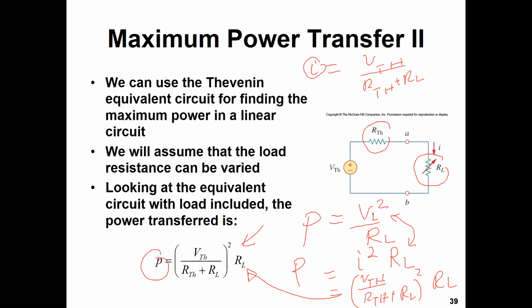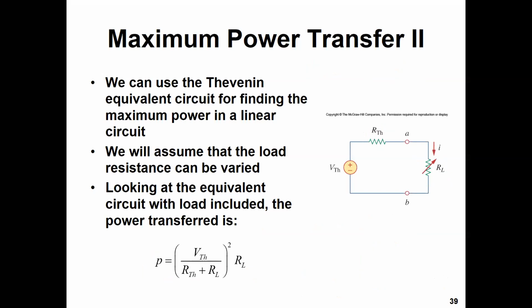Now, if we have RL equivalent to RTH, then we will find the power at the maximum power transfer. If we make RL equivalent to RTH, in this case we call it P max.